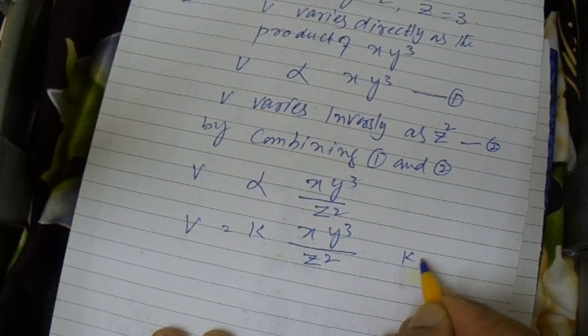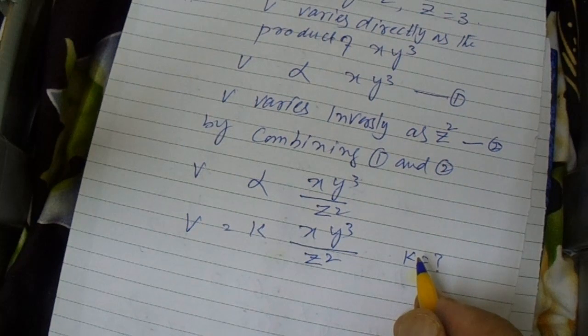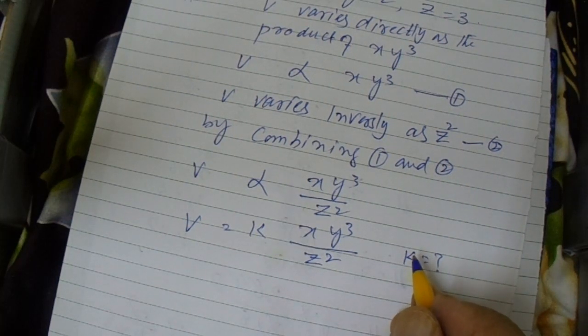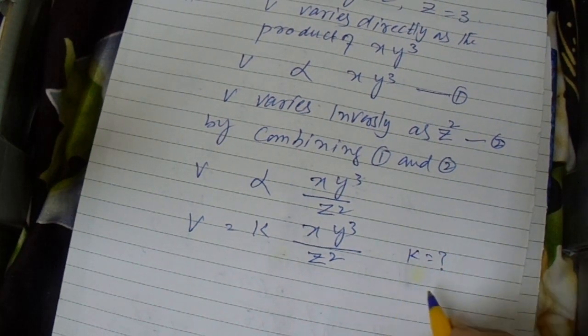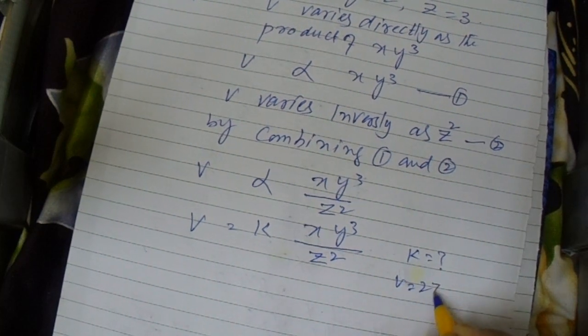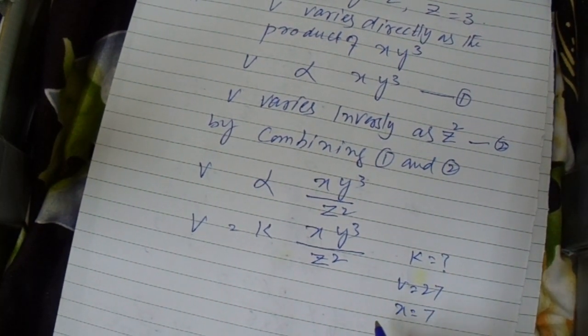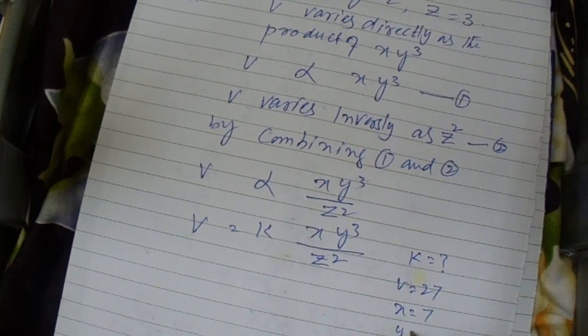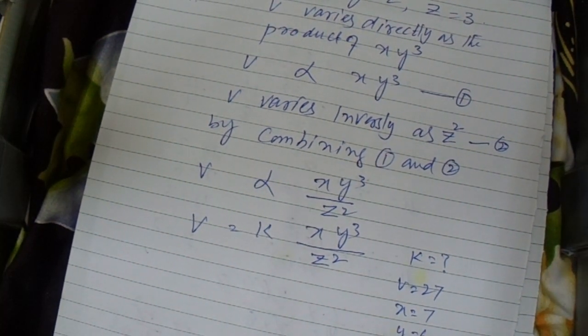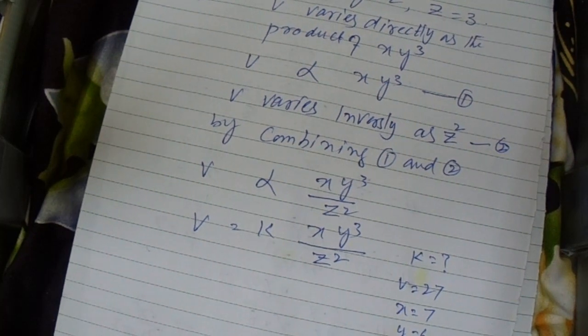We want to find k. We write V is equal to 27 and x is equal to 7, y is equal to 6, and z is equal to 7.